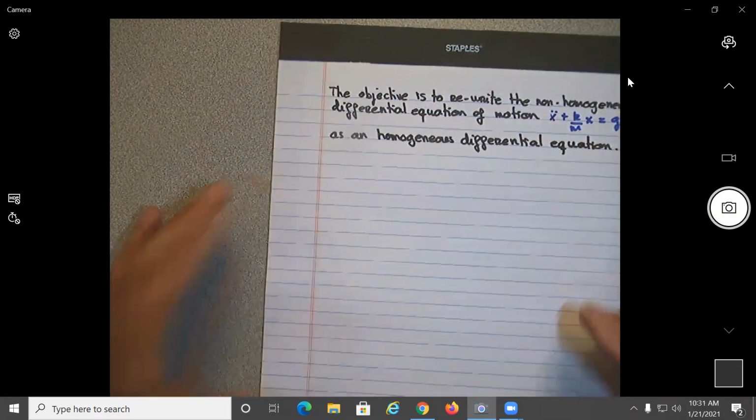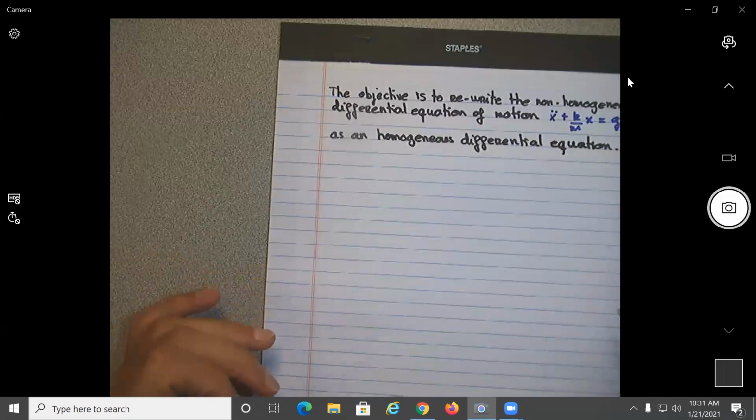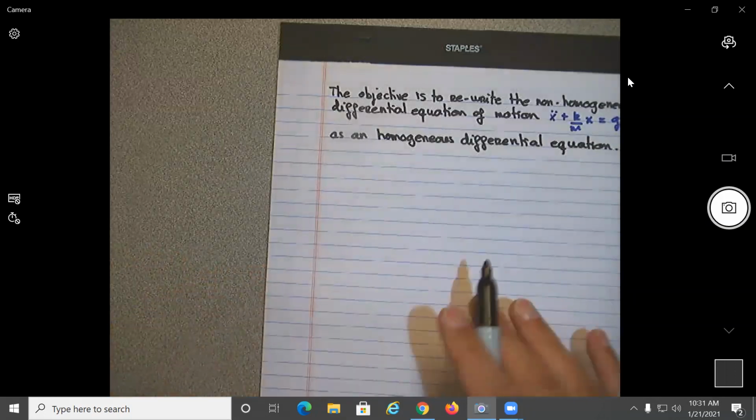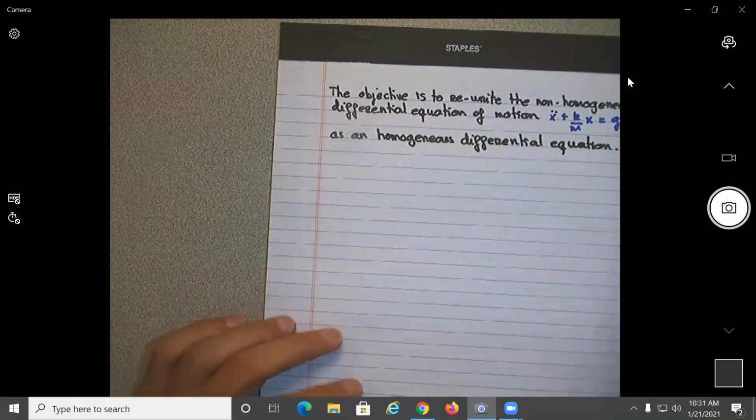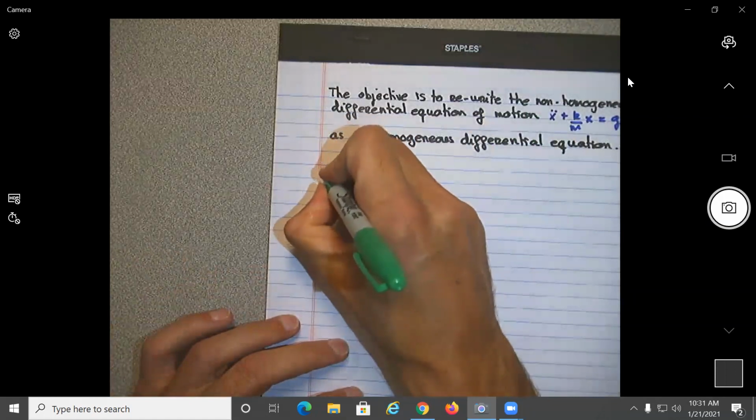In order to do that, we rewrite the equation of motion in terms of the position of the block m at the equilibrium position. That might sound complicated, but as soon as we do it, you will see it's pretty simple.